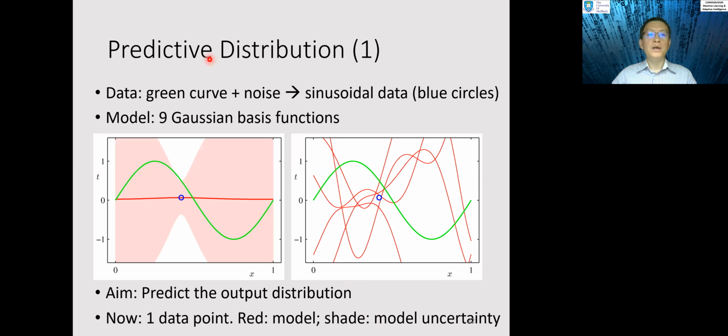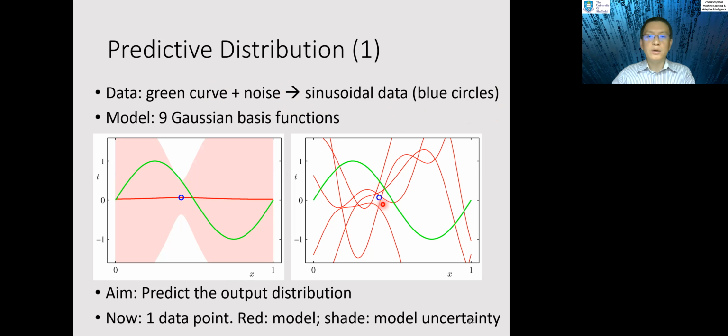Here is another example of predictive distribution. Here we generate data from this green curve, which is a sine wave, plus some additive Gaussian noise. This will generate some sinusoidal data indicated by blue circles.